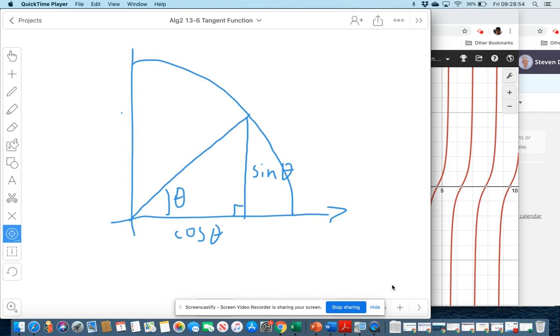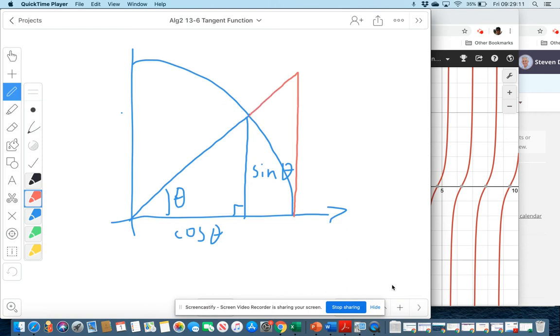But there's an additional fact here that's pretty interesting, that the value of the tangent is actually the length of this line that's tangent out here at x equals 1, (1, 0).